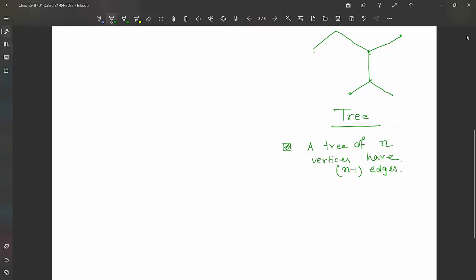Because if you take at least one more edge, then you have to produce one cycle or circuit, and that contradicts that it is a tree. So if it is a tree with n vertices, then it has n minus 1 edges.